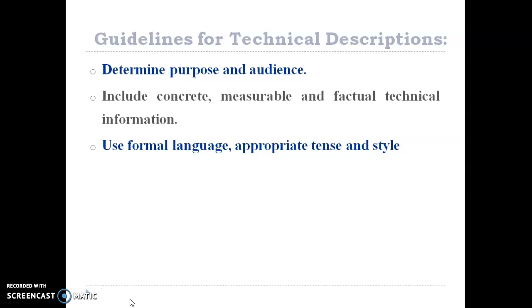Technical description being technical writing needs formal language, appropriate tense and style of writing. Write the description objectively, which means you cannot include your personal opinions. You need to represent that object or process the way it appears without addition of any personal opinion, liking and your interests.